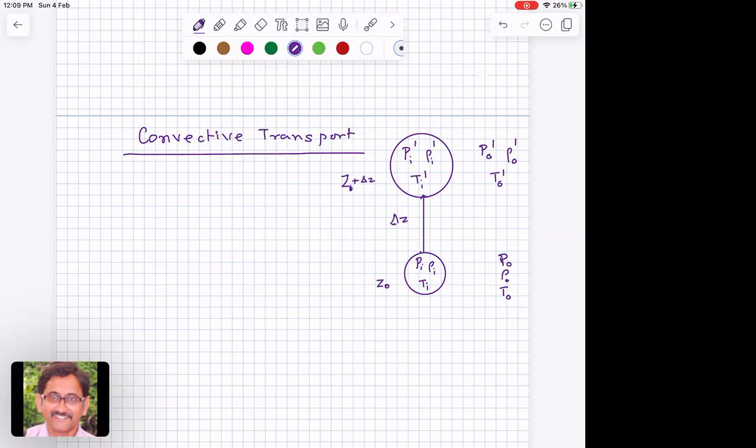Now, the spherical region itself will expand or contract, and depending on how efficient the heat transport is, it will be an adiabatic expansion or an isothermal expansion or something in between.